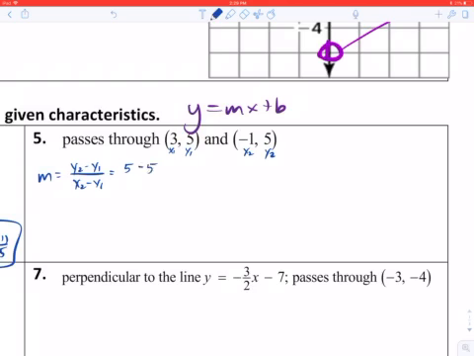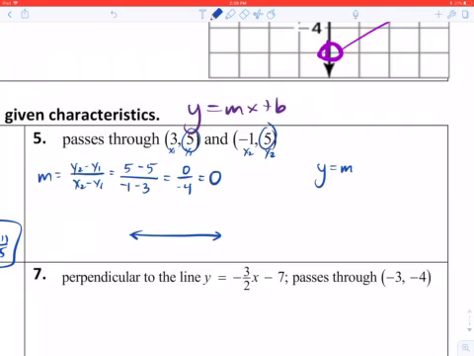So I'll do 5 minus 5 over negative 1 minus 3. So this is 0 over negative 4. So my slope is 0. That tells me that I have a line that's going to go straight horizontally, and this is a clue that it's going to go through 5.